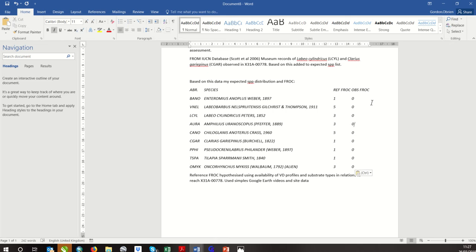And I'm going to say, just for my Chiloglanus, I collected a 4. And for my Verrucinus Nauspratensis, I collected a 3.